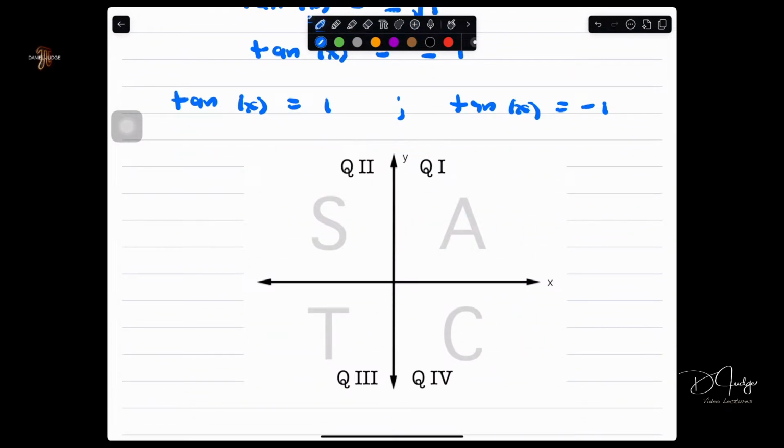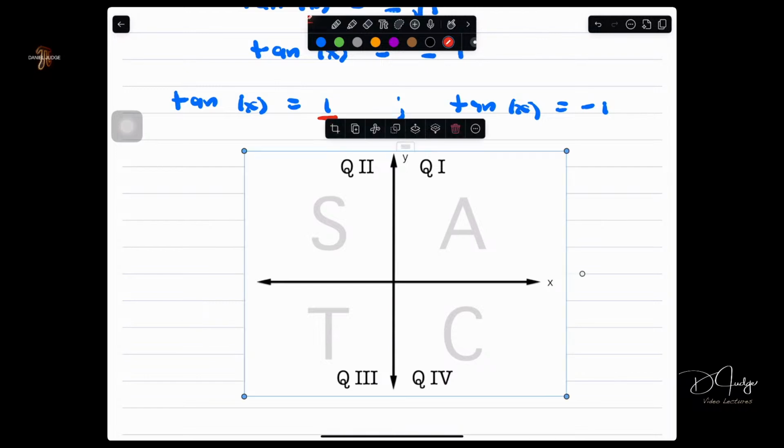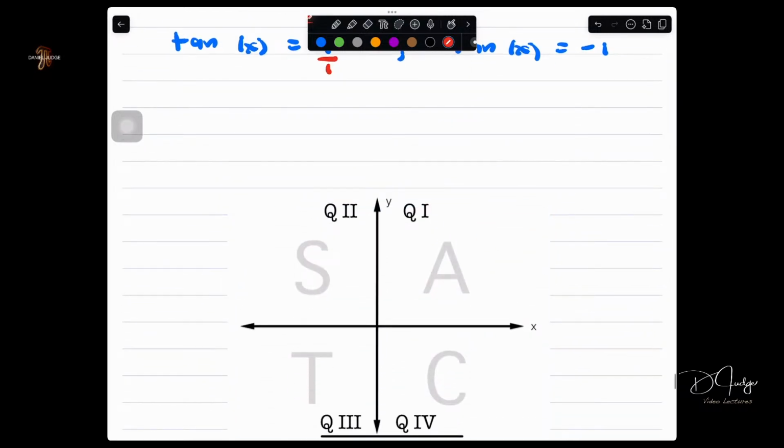Now, if you guys remember from Calculus 1, tangent is really 1. Let's move this here. If we look at this, quadrant 1 answer. Opposite over adjacent. That only happens for a 45-degree angle.